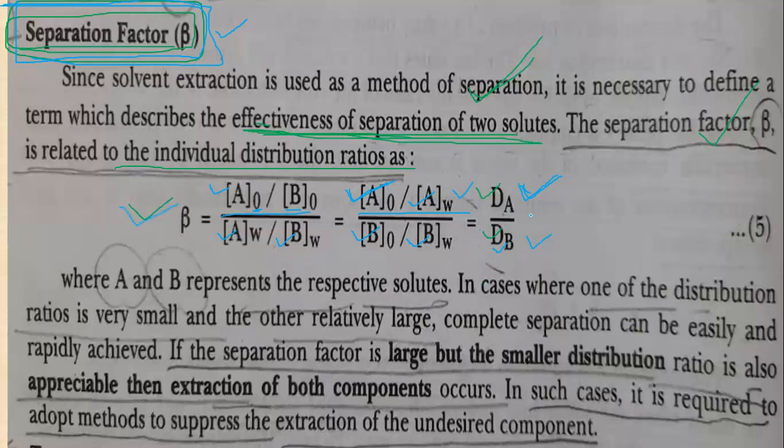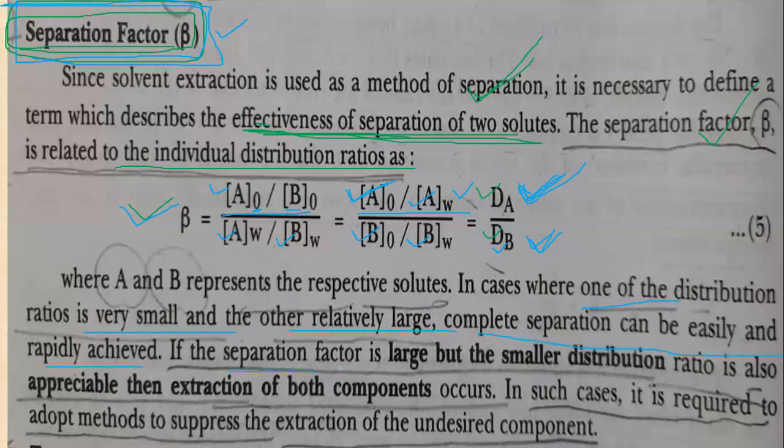Now, the separation factor is a ratio of two distribution ratios, that is the distribution ratio of solute 1 and the distribution ratio of solute 2, that is solute A and solute B. In cases where one of the distribution ratios is very small and the other is relatively large, complete separation can be easily and rapidly achieved.